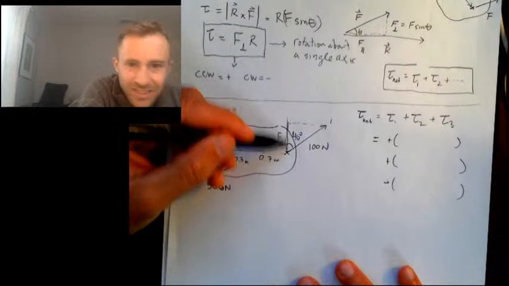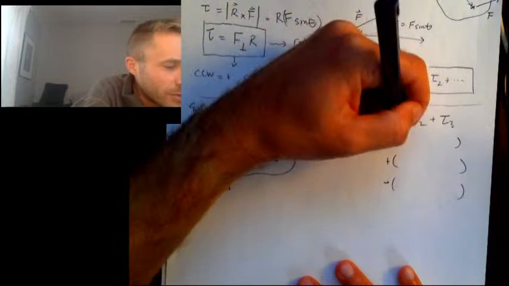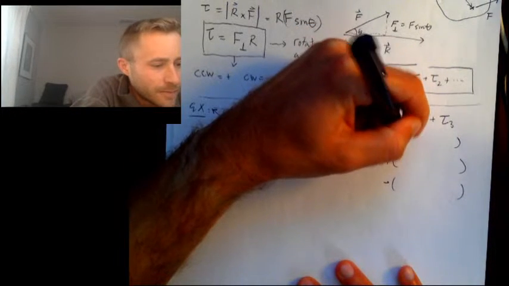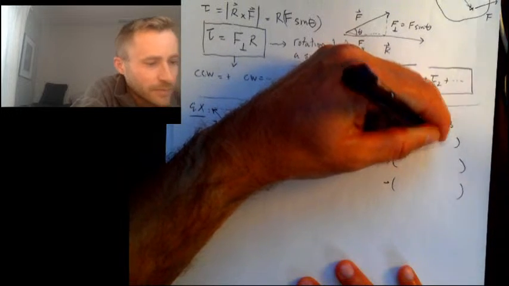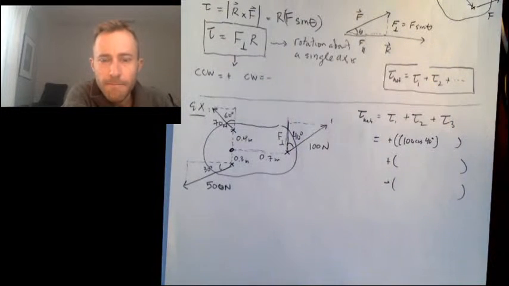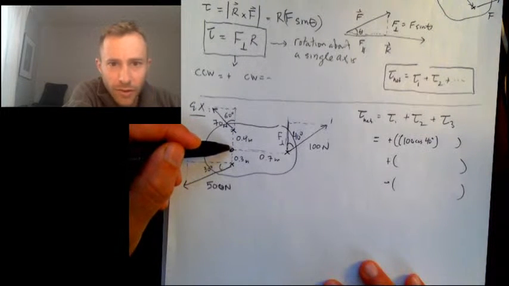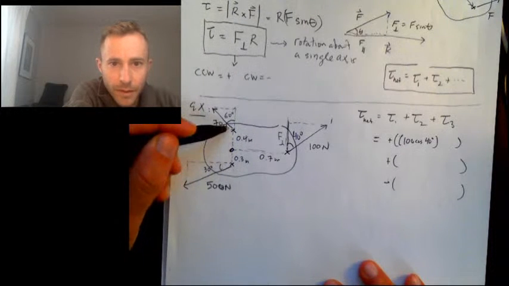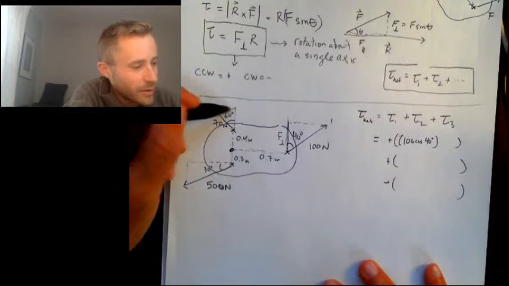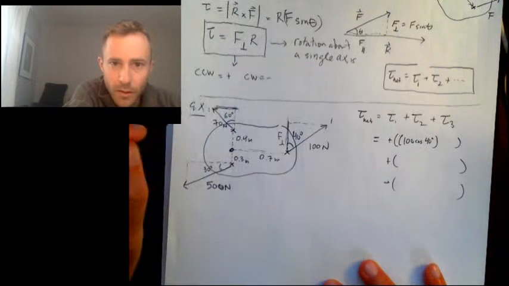So this is adjacent to the angle shown. So F perp is going to be 100 cosine of 40 degrees. Now let's go to force number 2. Here, the line connecting the pivot to where the force is applied is vertical, so perpendicular to that is horizontal.